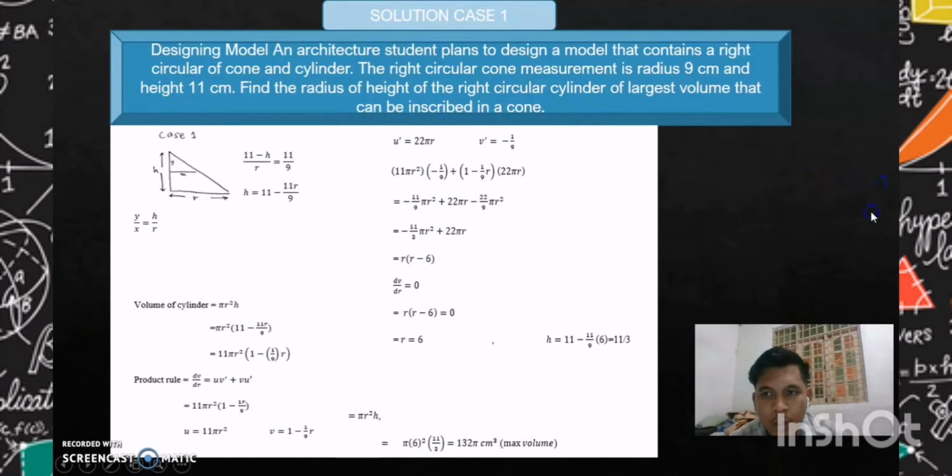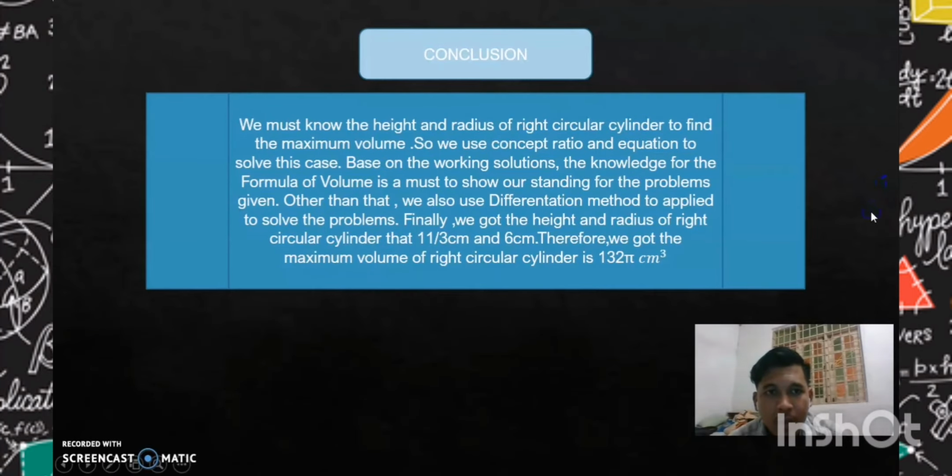So the conclusion is, first we must know the height and radius of the right circular cylinder to find the maximum volume. So we use the concept of ratio and equation to solve this case. Based on the working solution, knowledge of the formula of volume is a must to show our understanding of the problem given.